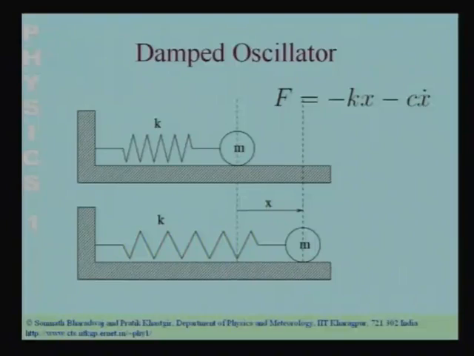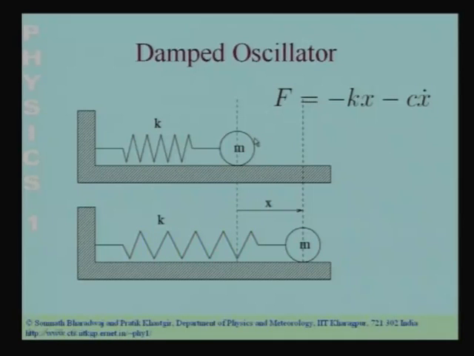In the last class, we had considered the simple harmonic oscillator. We had taken as the prototype simple harmonic oscillator the spring mass system shown over here.